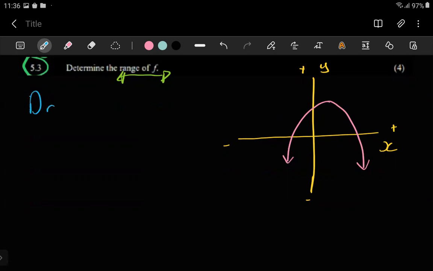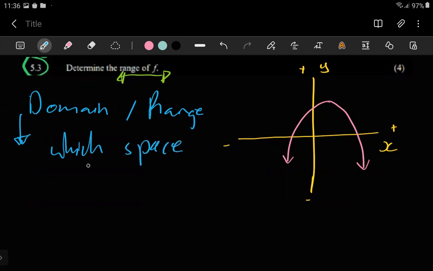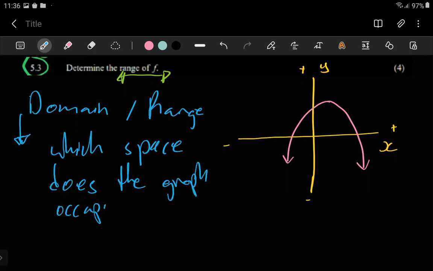Let me put it here, domain slash range. The question that will be asked is which space does the graph occupy on the Cartesian plane?